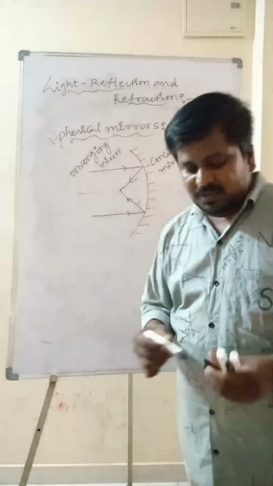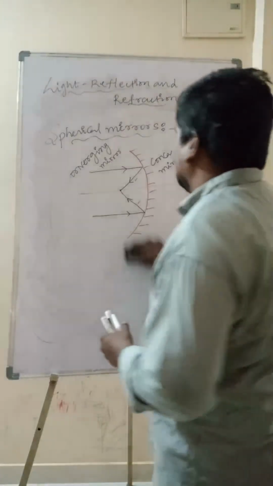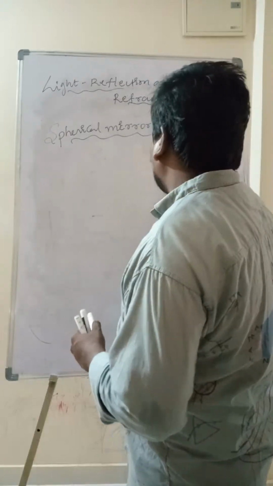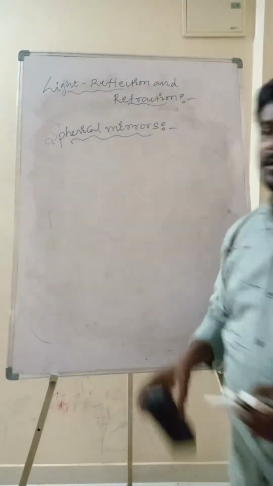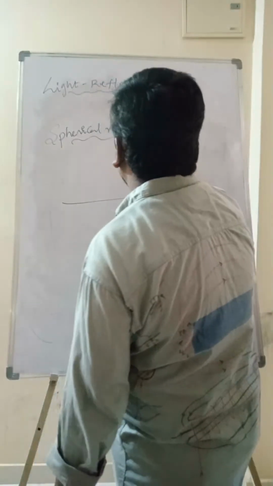Which other mirror is there? The diverging mirror, that is nothing but the convex mirror. I am considering a convex mirror like this.